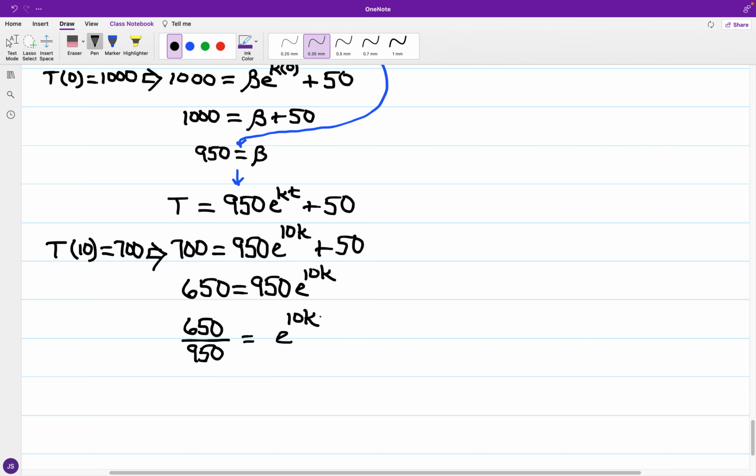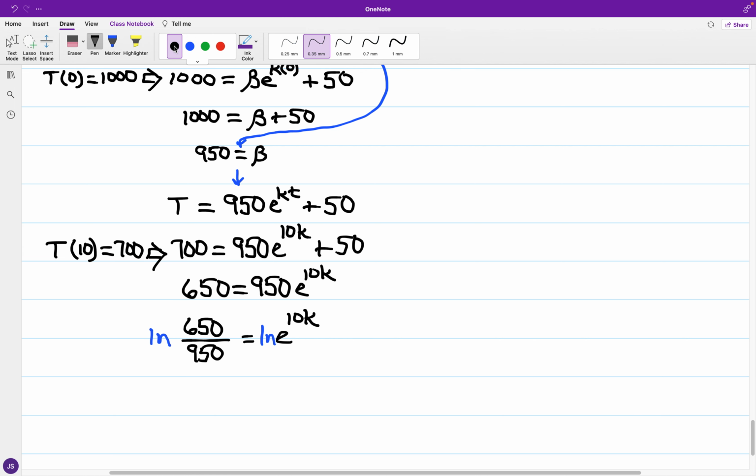Once again, I'm looking at solving for k. Notice we use e to eliminate the presence of natural logarithms, and now I'm going in the other direction. I can eliminate the presence of e if I take the natural logarithm of both sides.